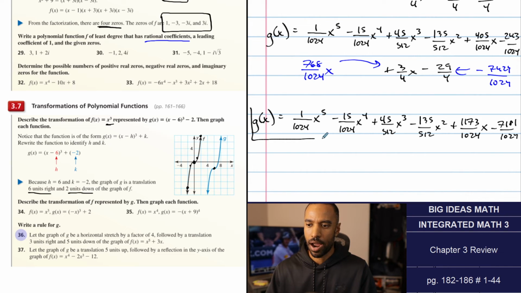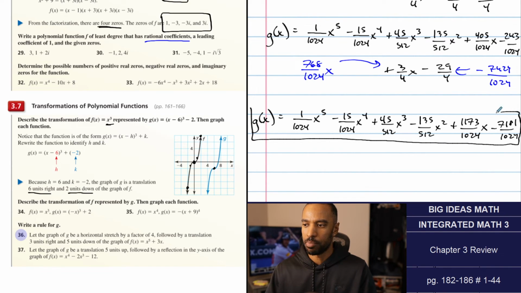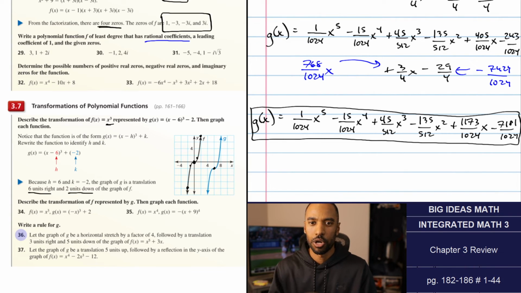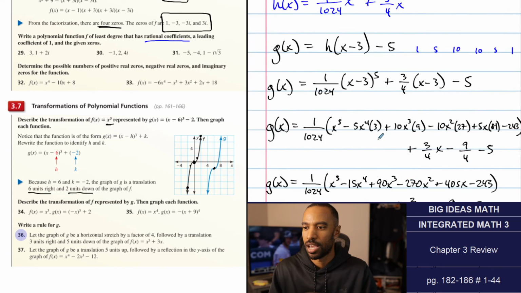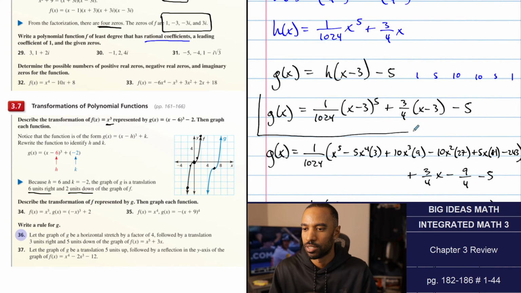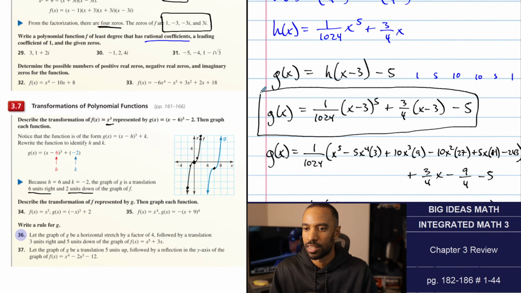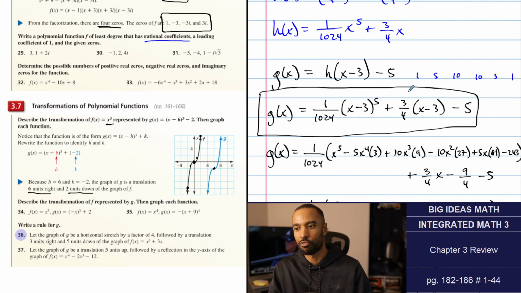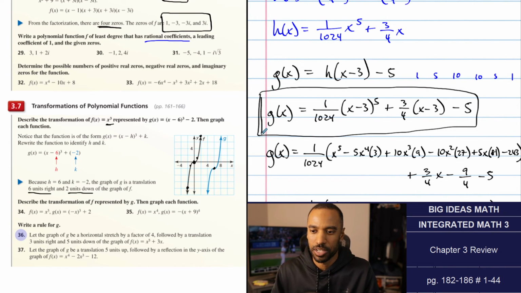It's mean if they require standard form, but this should be the 5th degree polynomial expansion of g of x for this particular part of this problem. Now, we could have kept it, I suppose, in this stage. I'm just stating that if they write something in standard form, generally we do as well. So here's an accepted answer.